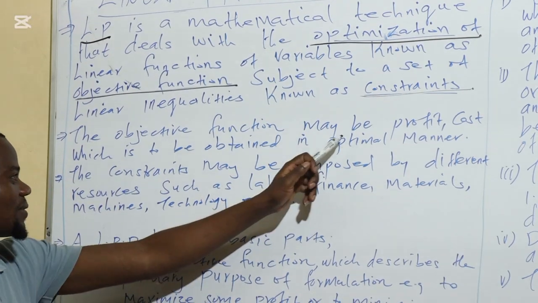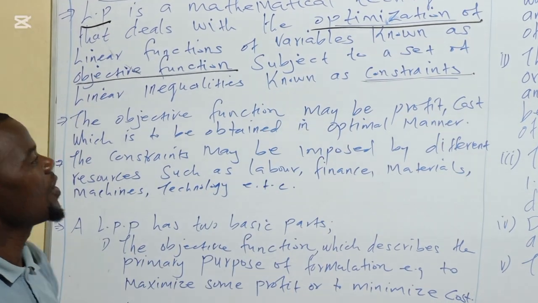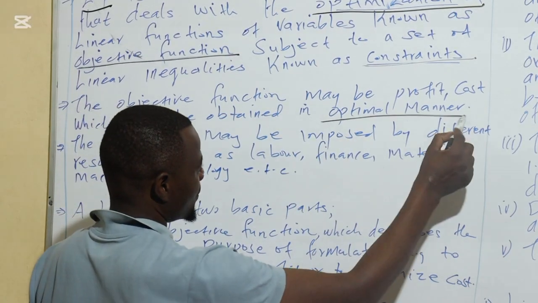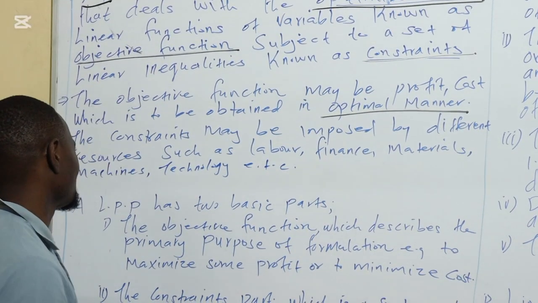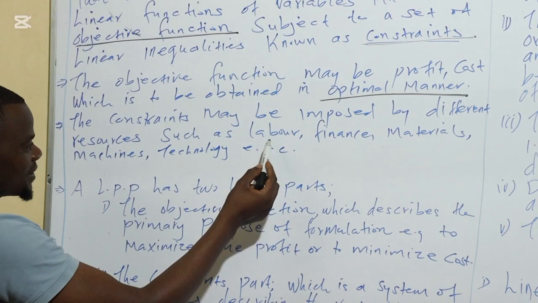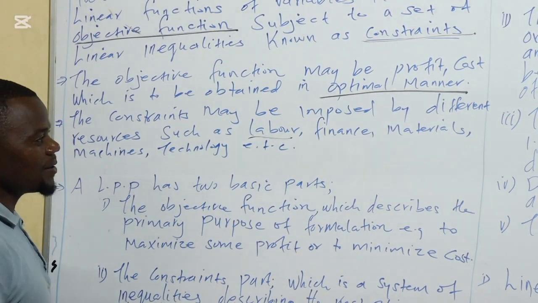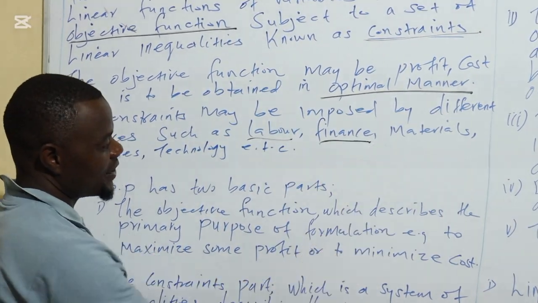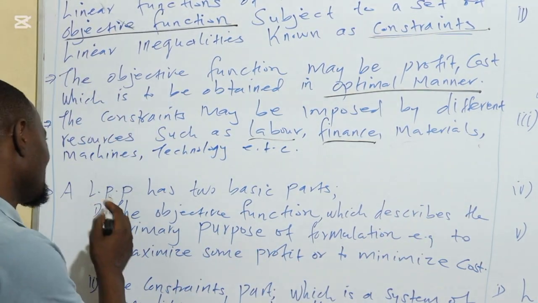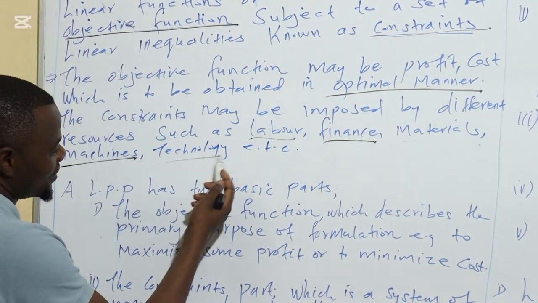The objective function may be profit or cost, which is to be obtained in an optimal manner. The constraints may be imposed by different resources such as labor, the finance that you have, materials available, the machines, and technology.